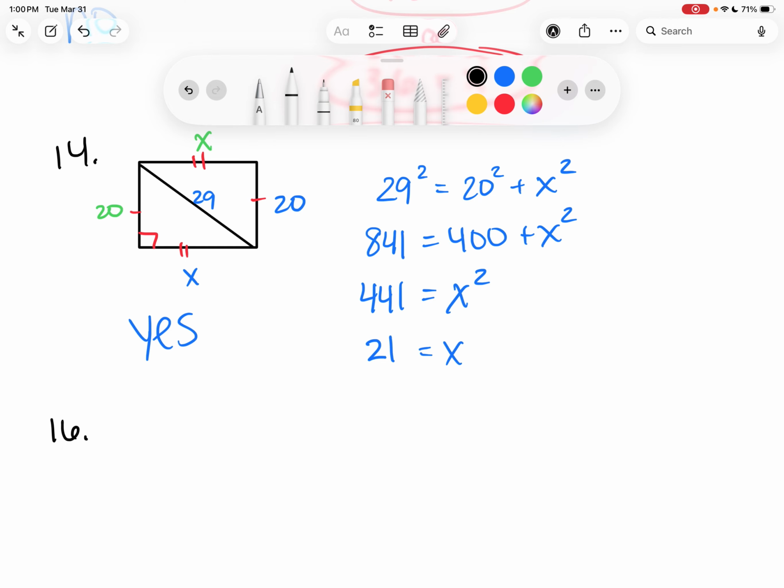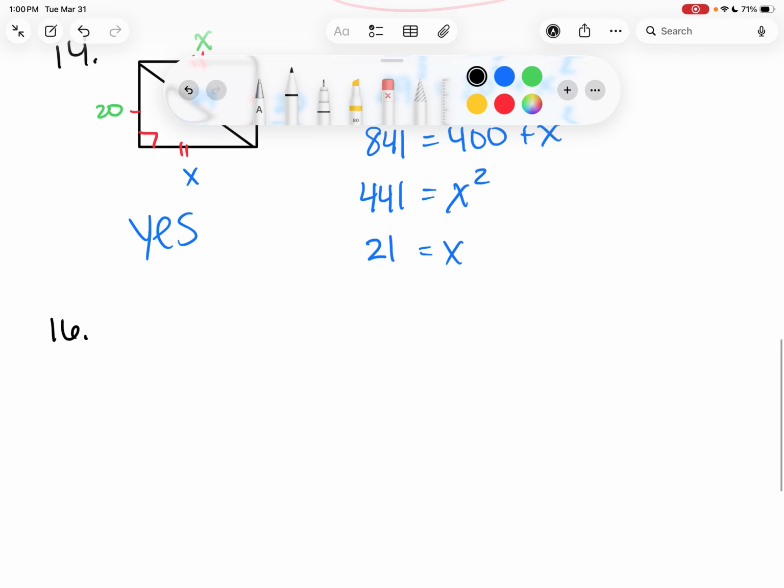Find the value of x, and simplify answers that are radicals. So these ones are just a little bit more involved.